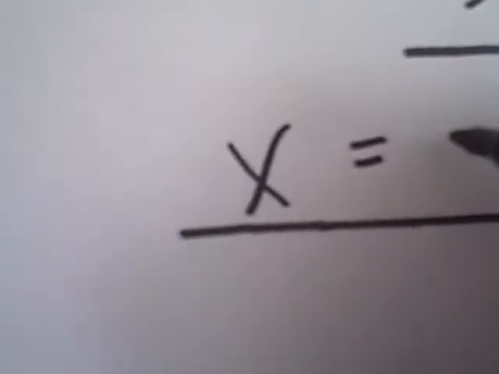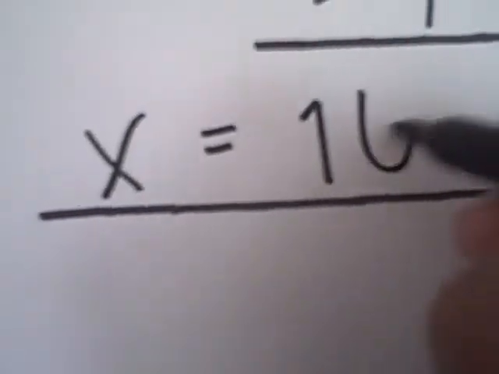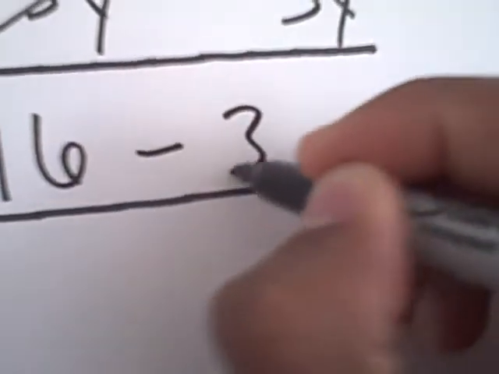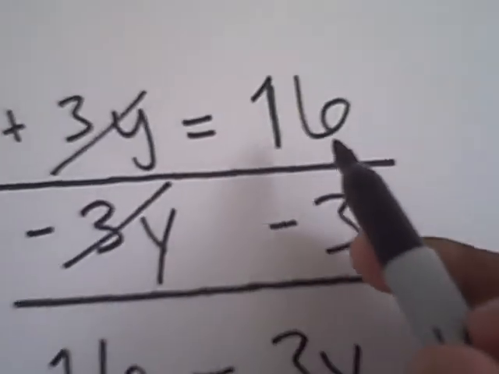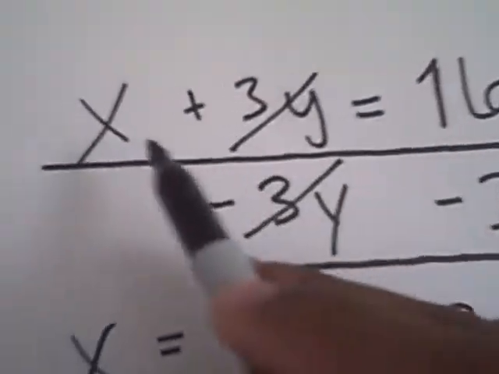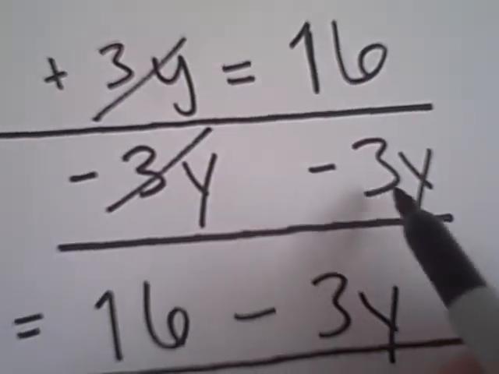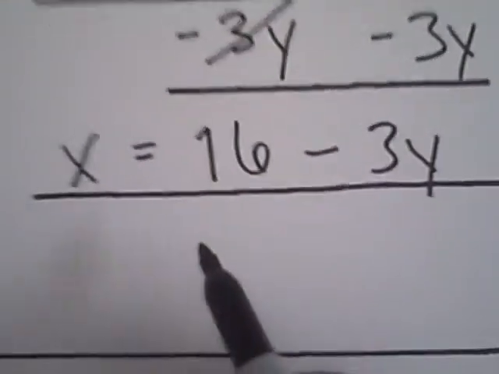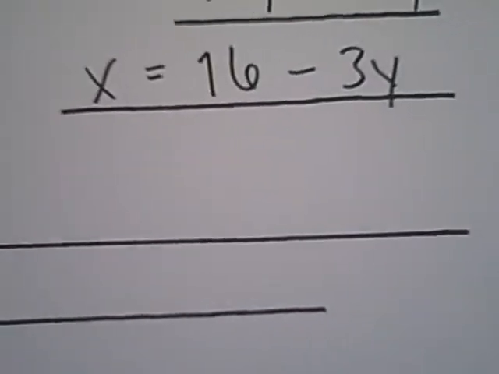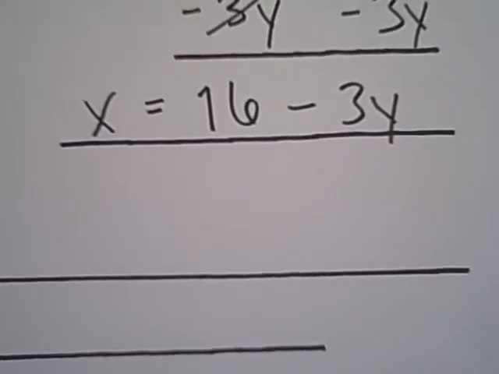So this is going to cancel out, and we're left with x equals 16 minus 3y, which is right here. That's what we have on this line.